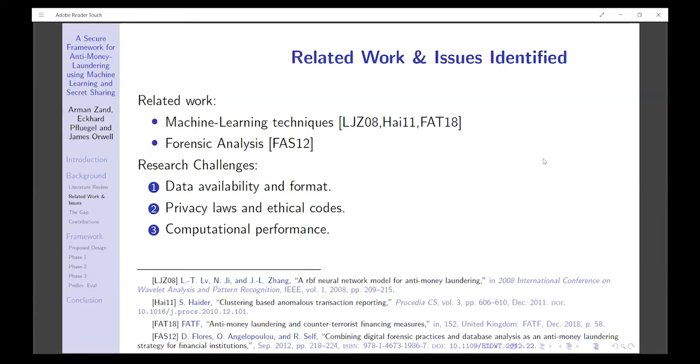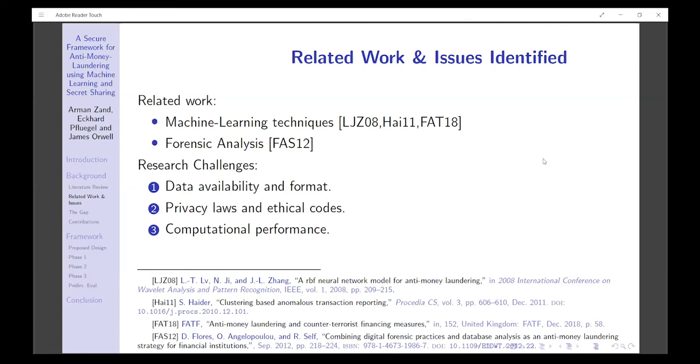Also, there are many different schemes, and a lot of them use their own format. There isn't a standard way of sharing this information. So there are privacy laws and ethical codes to be careful with.